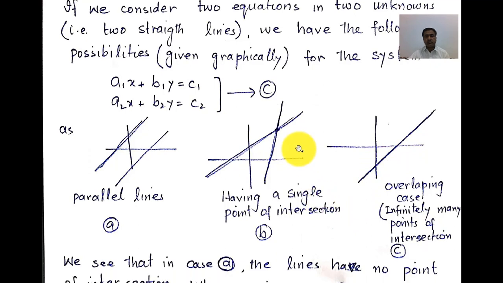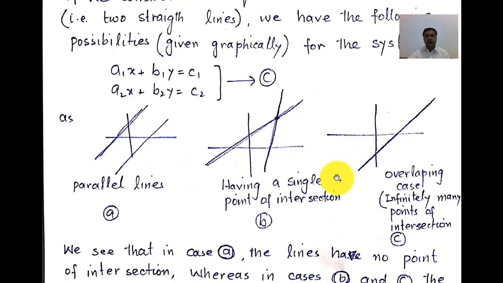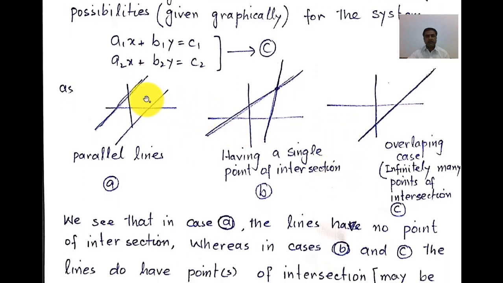Hence, I can describe these three cases as follows. In the first case, the lines in the system have no common point of intersection. These are parallel lines and hence they will never intersect each other.